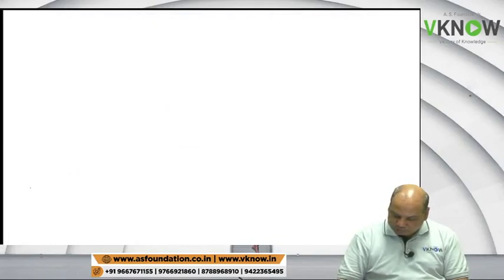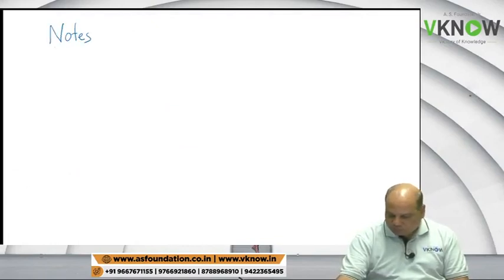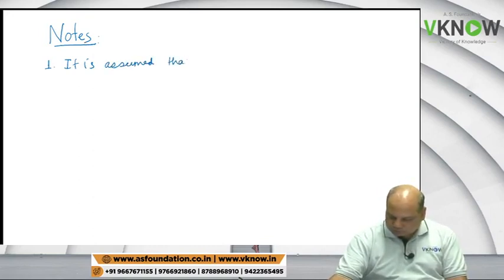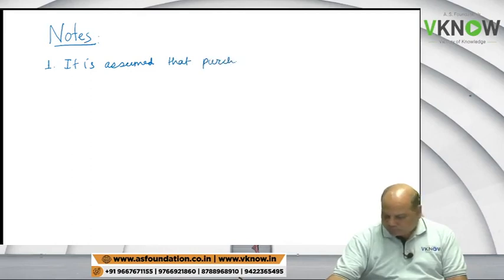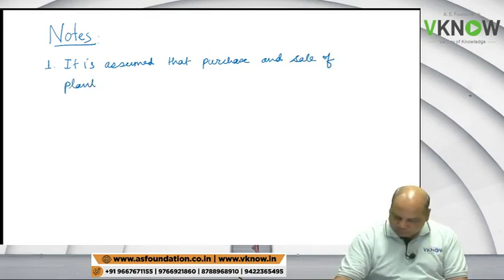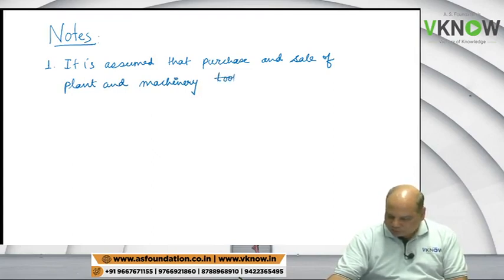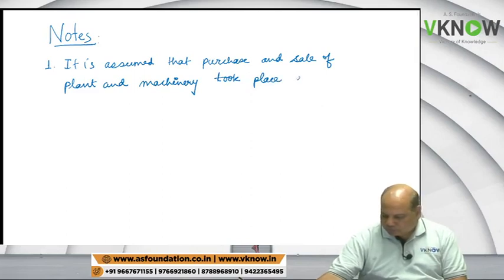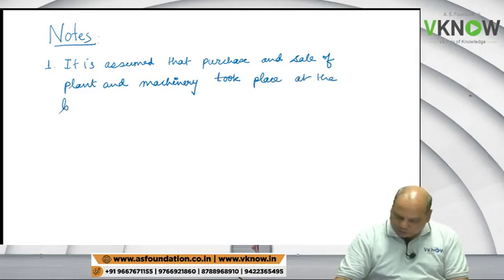Note, write down. First note is, it is assumed that purchase and sale of plant and machinery took place at the beginning of the year.